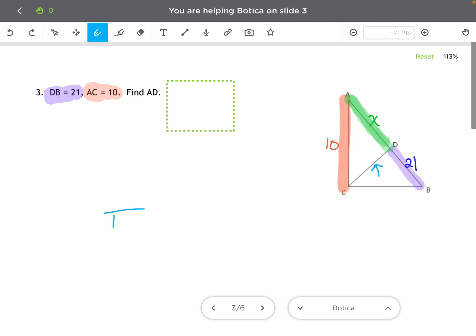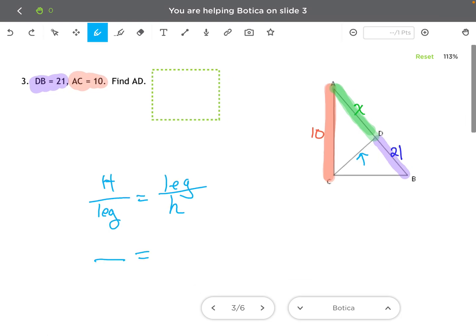If you set up your proportion, I know that the means are the legs or the altitude, and in this case it's the legs. Because we're working with the legs, we put the entire hypotenuse, and those are your extremes, so it doesn't matter. And then the part of the hypotenuse touching the leg.